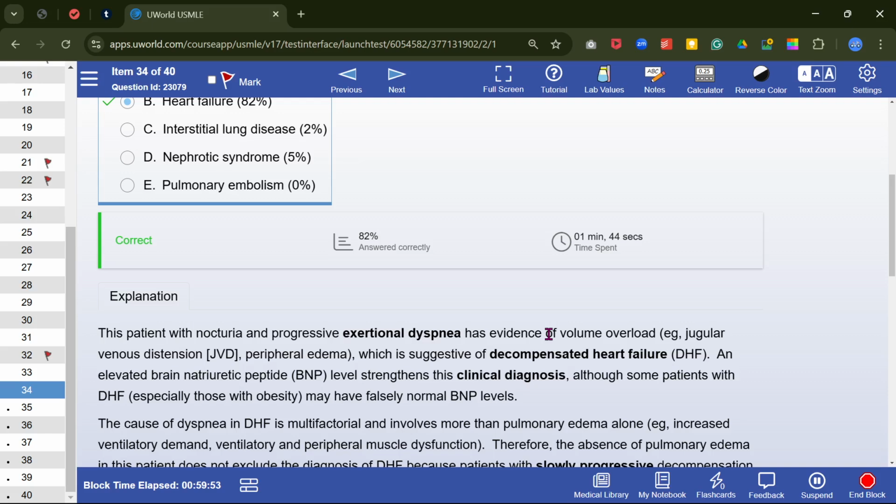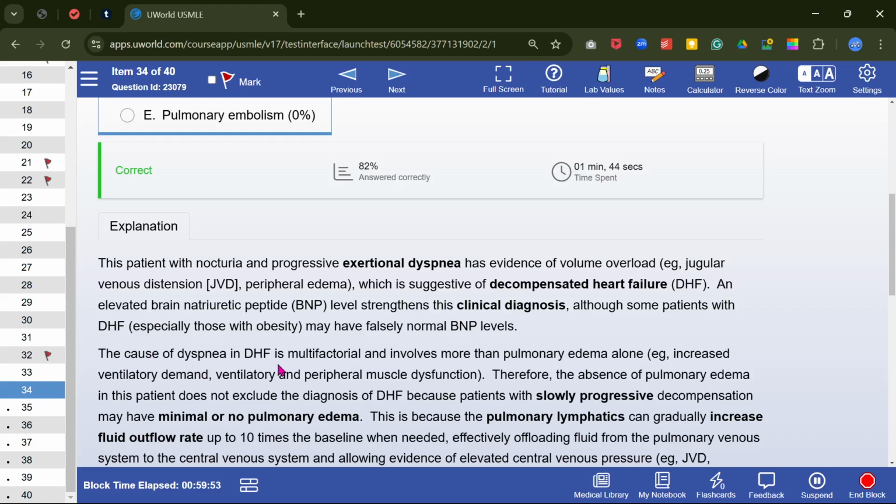Although some patients with decompensated heart failure may have a falsely normal BNP level, the cause of dyspnea in decompensated heart failure is multifactorial and involves more than pulmonary edema alone: increased ventilatory demand, and ventilatory and peripheral muscle dysfunction.